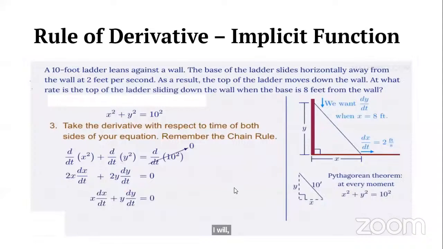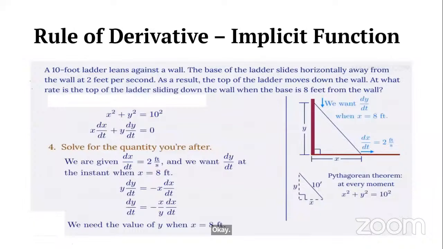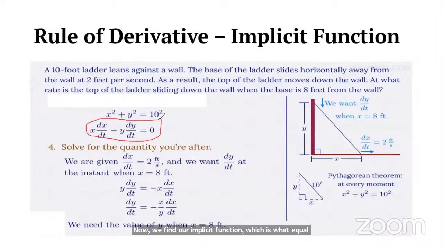Yes. Okay. Now we find our implicit function, which is equal to this, the one we just solved right now. Now we have to solve the question that they are asking.